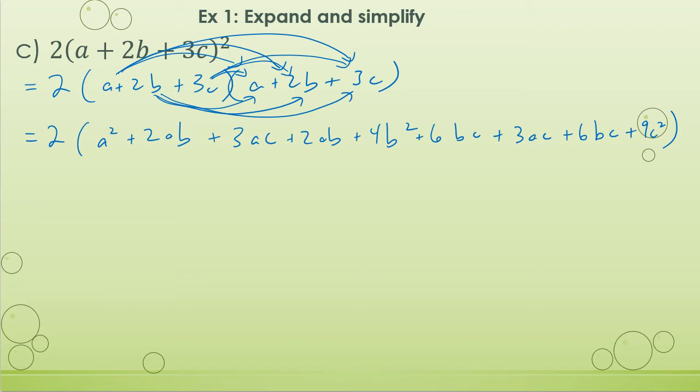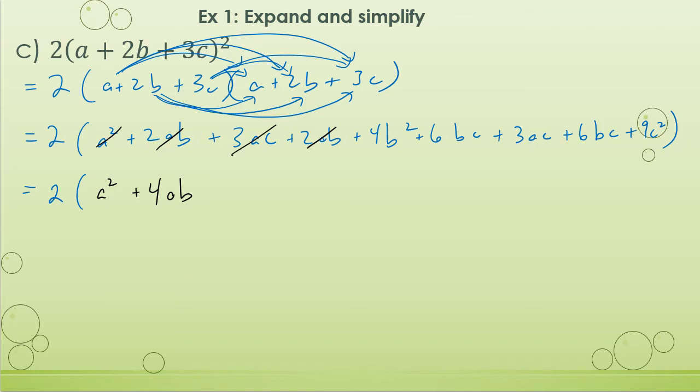Let's collect like terms first before we distribute that 2 in. A squared. I don't have any more of those. I have a 2ab, and a 2ab gives me 4ab.